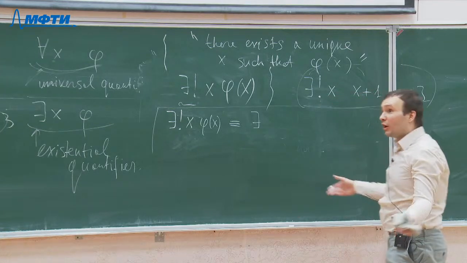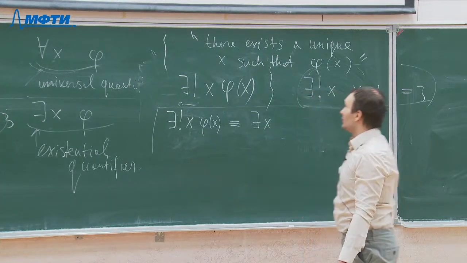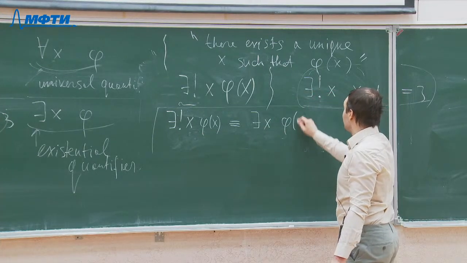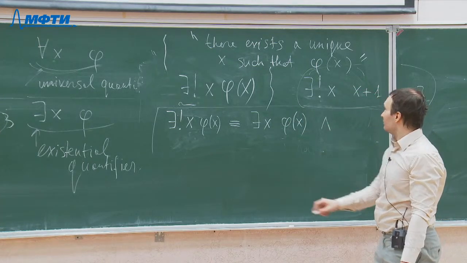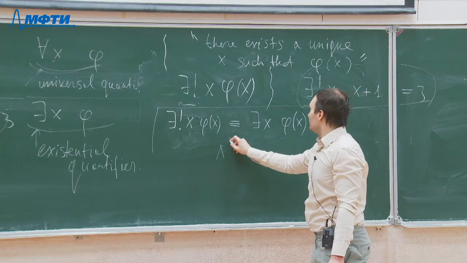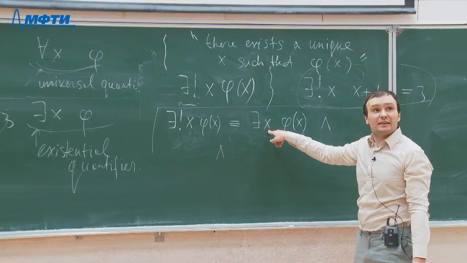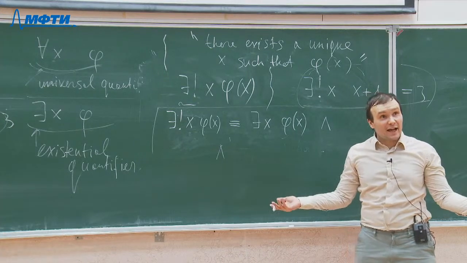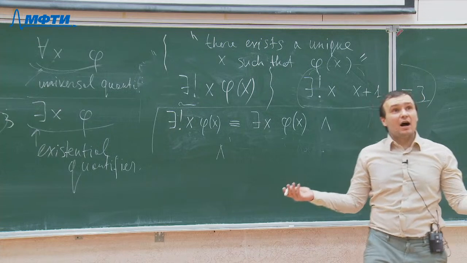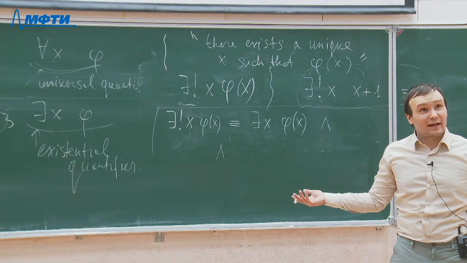So they are logically the same. What does it mean? Of course, that there indeed exists such x. But not only that. How is it possible to express the following idea? This x is the unique one. No other x satisfies phi.